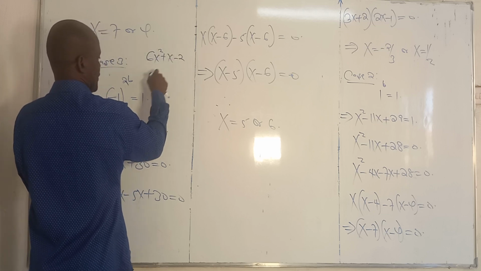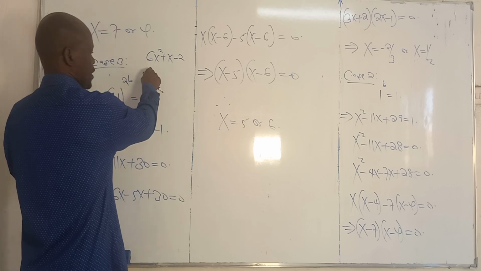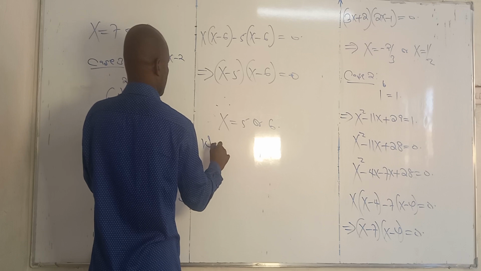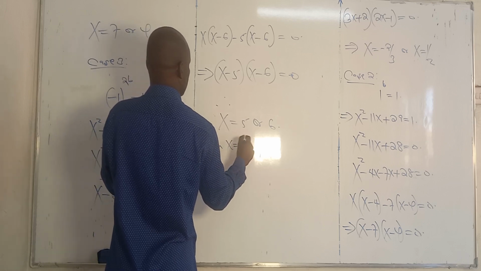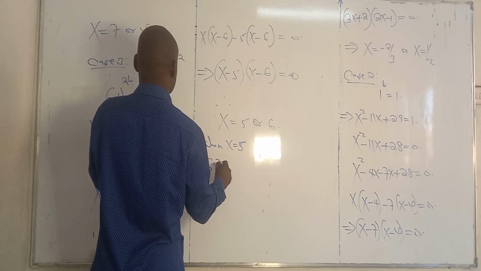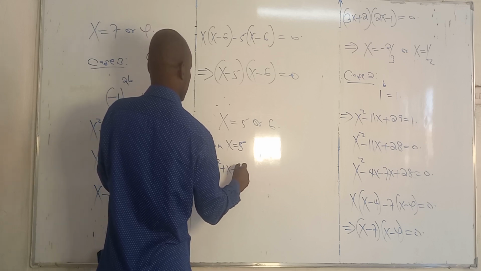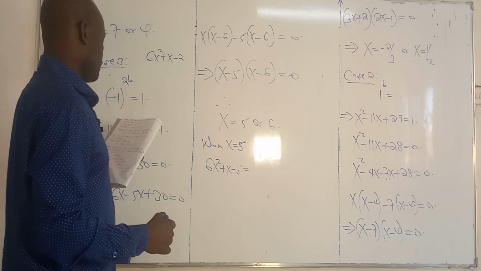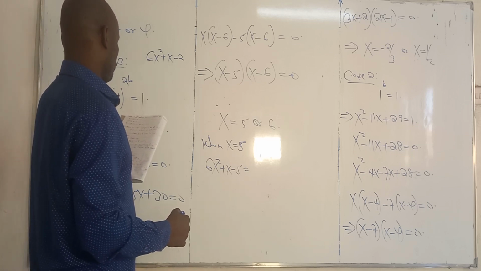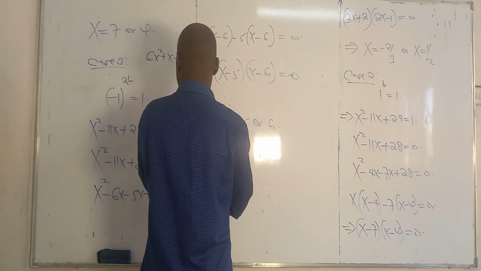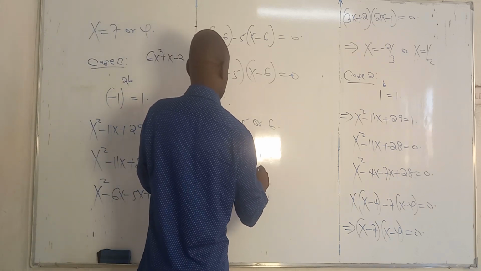That was the power that we had. So if I put 5 here, what do I get? When x is 5, then 6x squared plus x minus 2 becomes, when we put 5, it should give us 153.